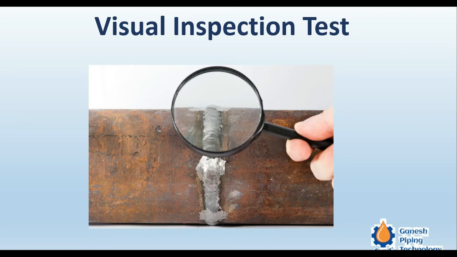This is one of the cheapest and quickest methods, and of course it is effective also. If nothing is found in visual inspection, then for pressure-tight joints and high-pressure piping, you require radiography. Visual inspection itself is not sufficient.